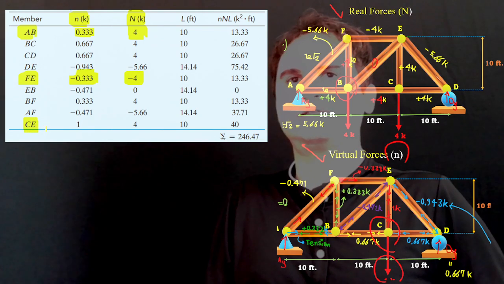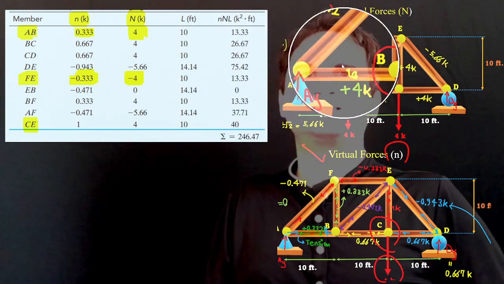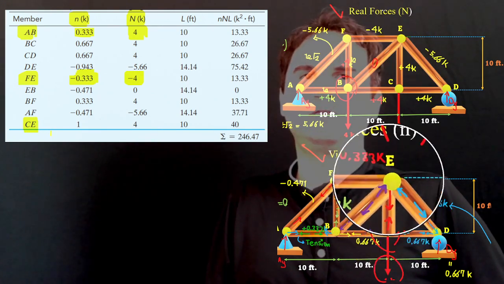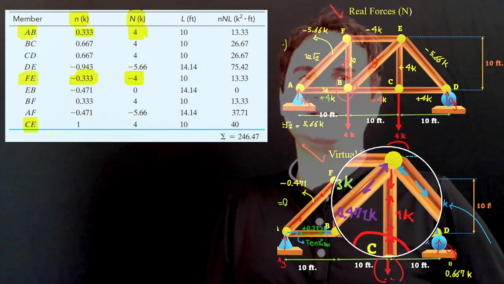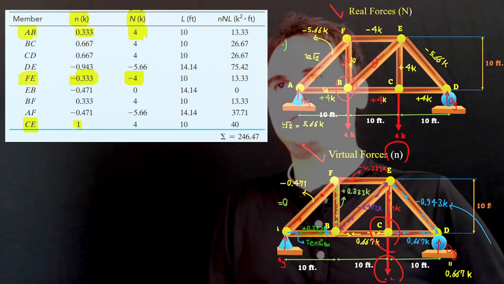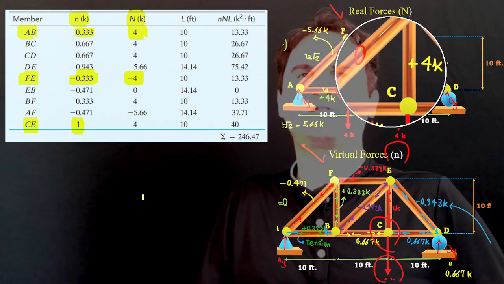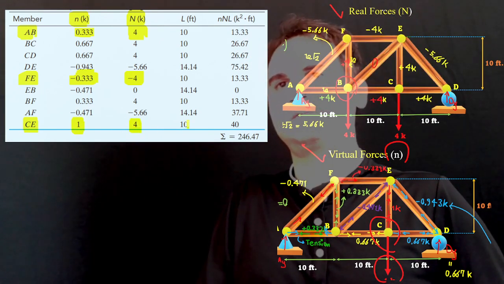Let's see where CE is. So this is our CE. The effect of CE for the virtual one, lowercase n, is a positive one, so we have positive one here. For the same member in real forces, we have positive 4, and you have it here.